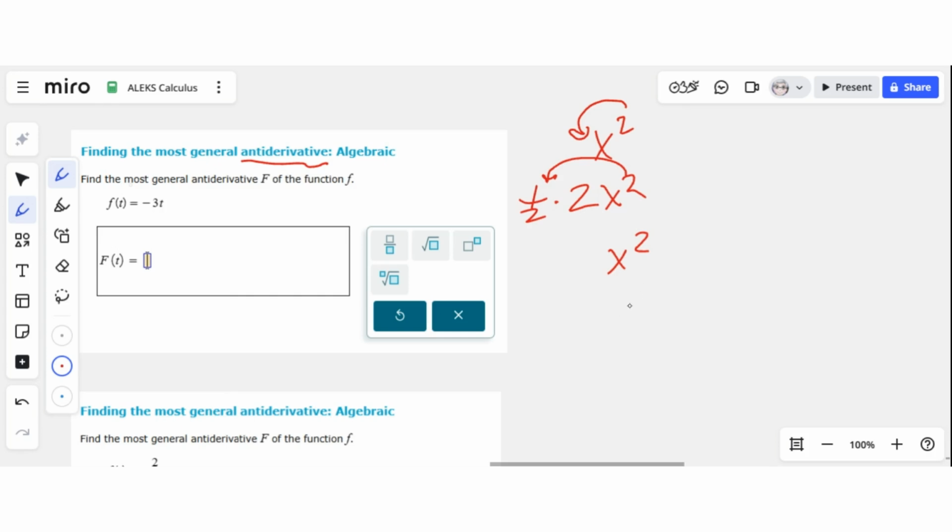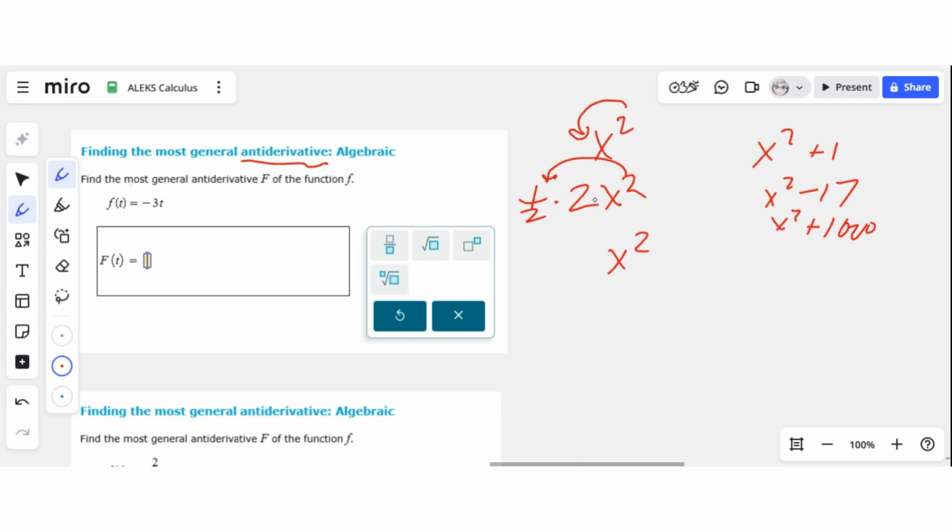However, we can't really say that x squared is the antiderivative of 2x. The reason is that we could get a derivative of 2x from x squared, or x squared plus 1, or x squared minus 17, or x squared plus 1,000, because all of those constants just go to 0 when you take the derivative.